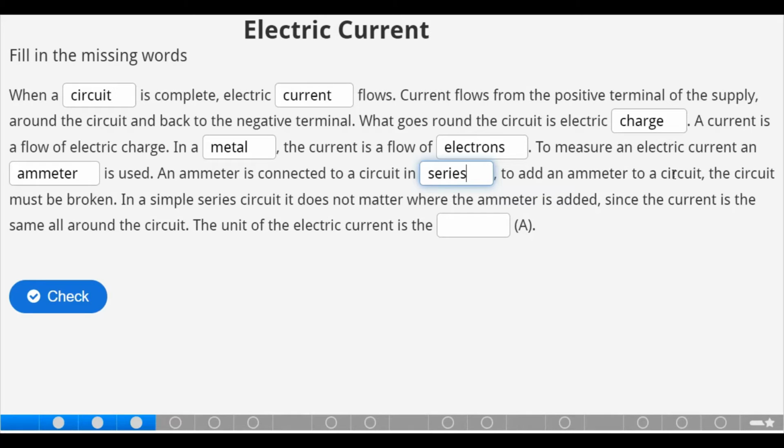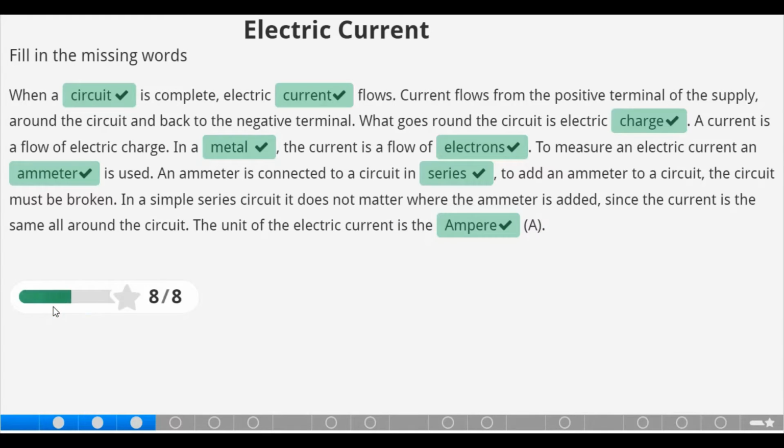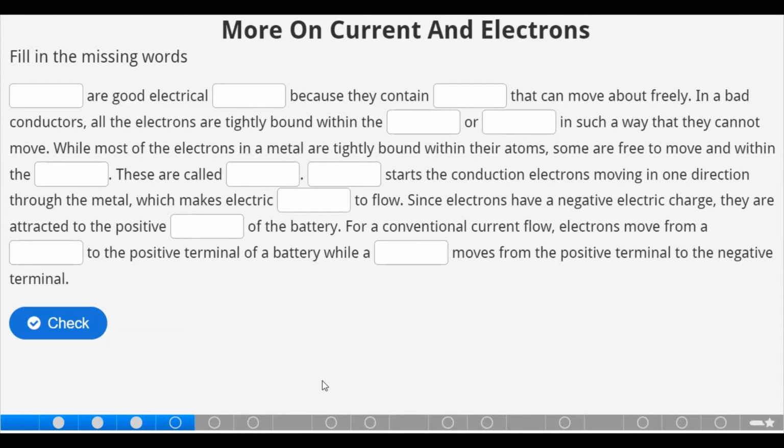In a simple series circuit, it does not matter where the ammeter is added, since the current is the same all around the circuit. The unit of electric current is the ampere, which is represented with the capital letter A. So check. That's correct.